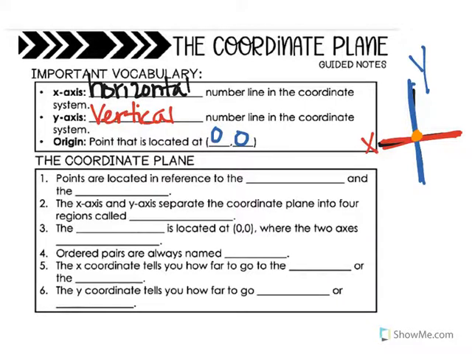The origin would be here, where the 2 lines meet, and that is located at 0, 0. So the points are located in reference to the x coordinate and the y coordinate.